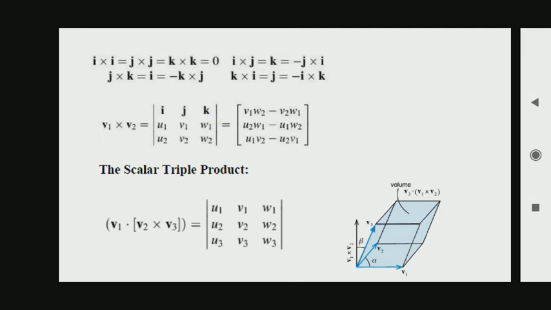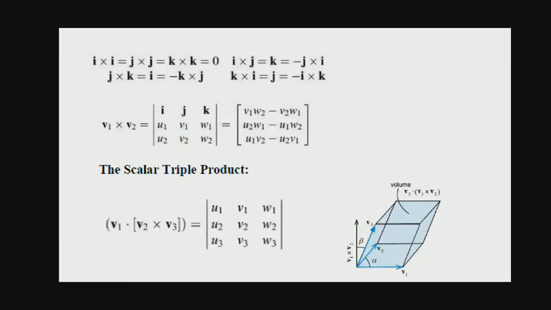Next, for j, u2 w1 minus u1 w2, or you can also write it as minus minus as plus. Next, for k, u1 v2 minus u2 v1.